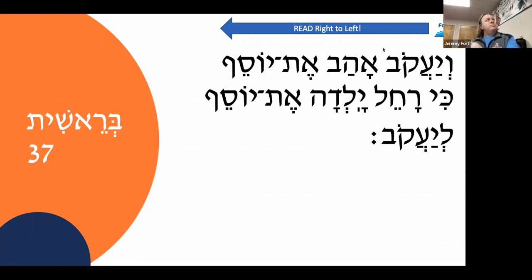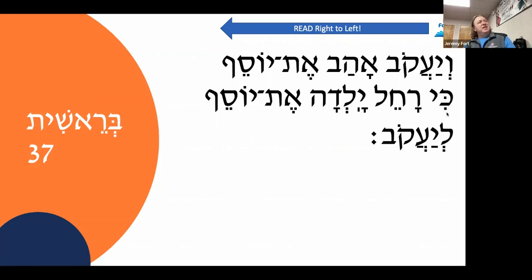Robin, will you take the first line? Perfect. This is an eh sound. That's a samekh. Oh yeah, Yosef. That's right. Et Yosef.